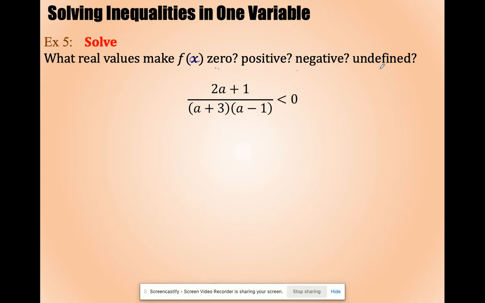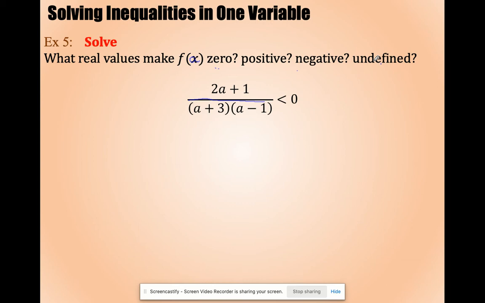0, positive, negative, and undefined, right? I had undefined in those other problems, but I didn't really need to, because as soon as I recognized I had a polynomial, I wasn't worried about being undefined. But as soon as I see my expression has a fraction, I am worried about undefined. When else would you worry about being undefined? Right.